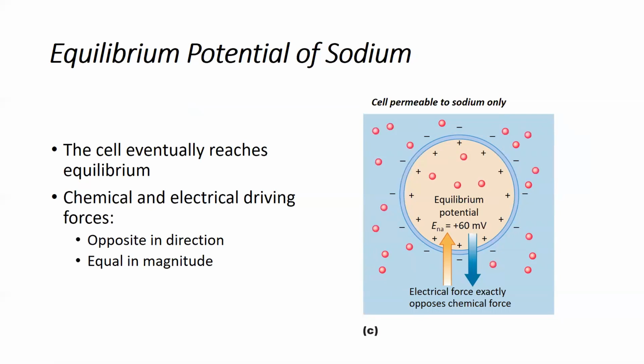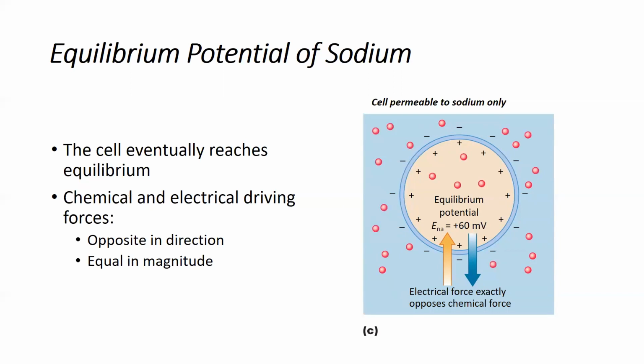And what is the number that represents this equilibrium potential? Positive 60. Okay, positive 60 millivolts. So at this voltage, at this membrane potential, sodium is no longer moving. It's at equilibrium. Okay, the flux that is moving inwards, according to the chemical gradient, and the flux that is moving outward, according to the electrical gradient, are now equal and opposite, and they cancel each other out.